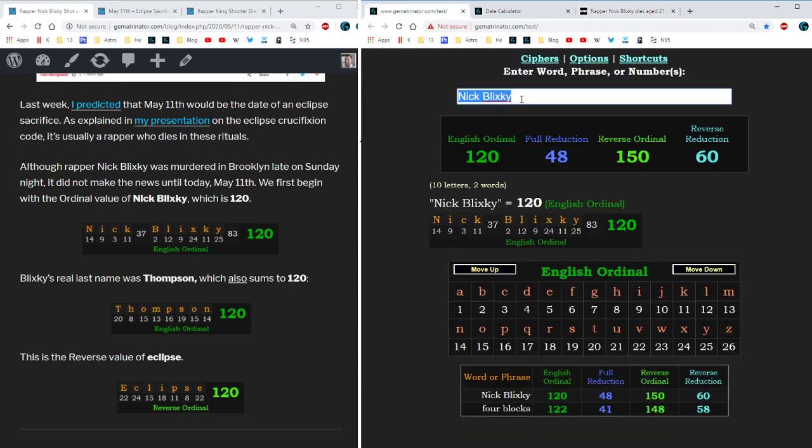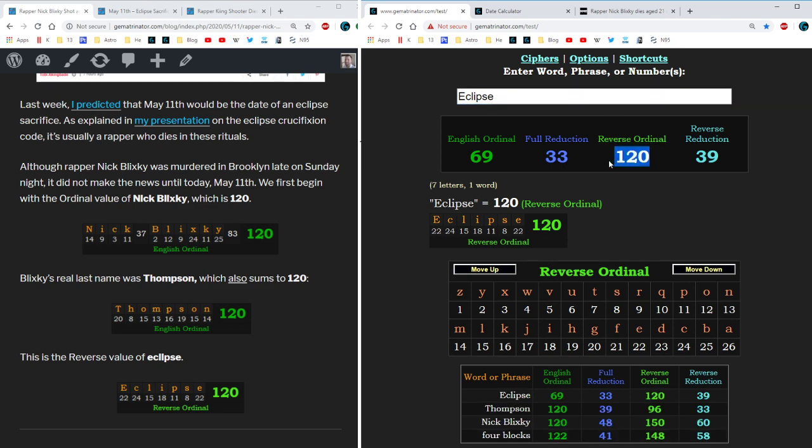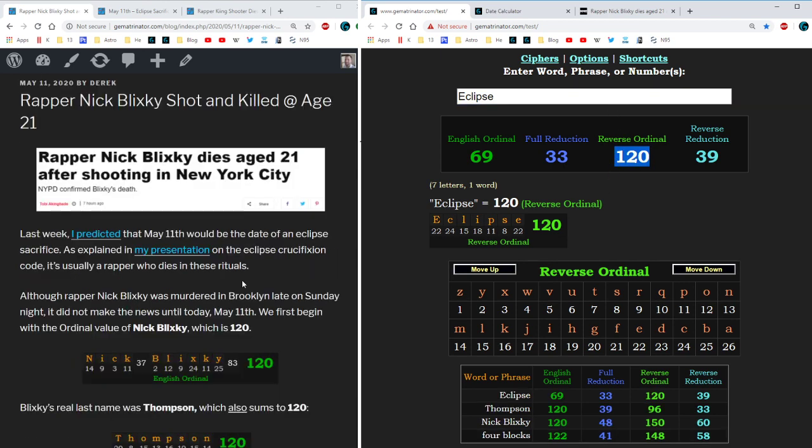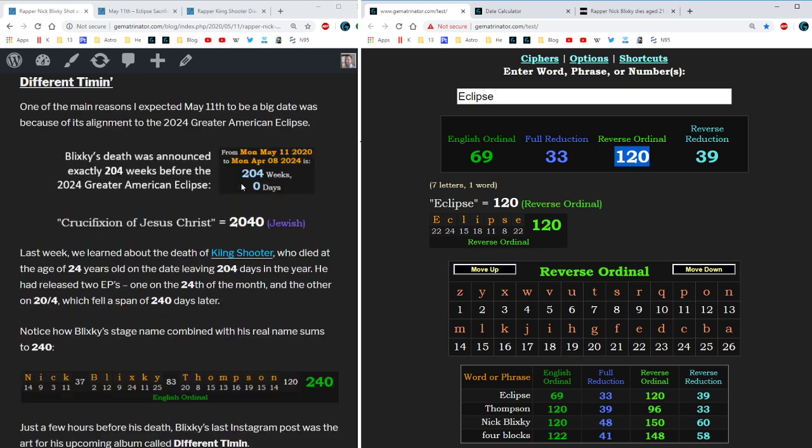And I want to point out how the name Thompson also has Gematria of 120 in the same ordinal cipher. When we flip the alphabet around so that Z is assigned 1, all the way through A is 26, a cipher called reverse, 120 is the value of the word eclipse. And no doubt this man was killed in relation to the Eclipse crucifixion code.